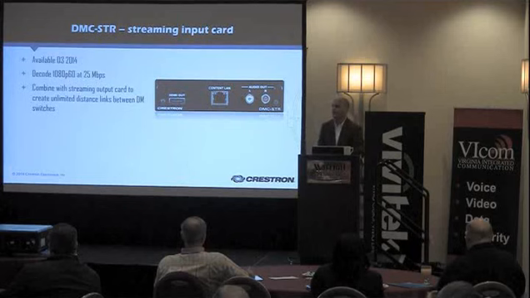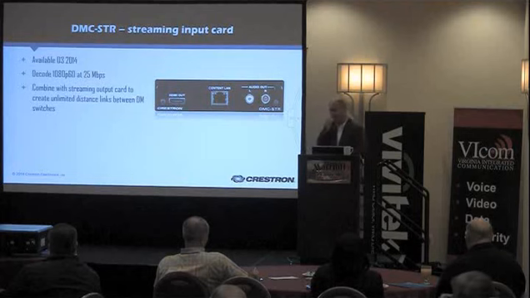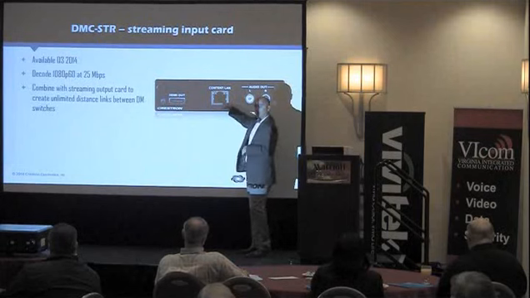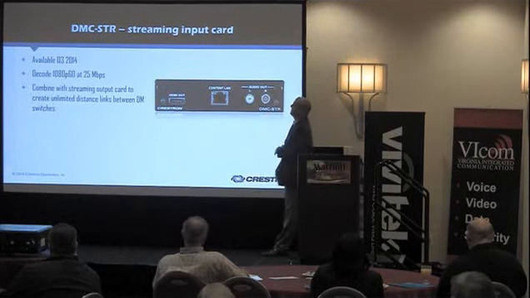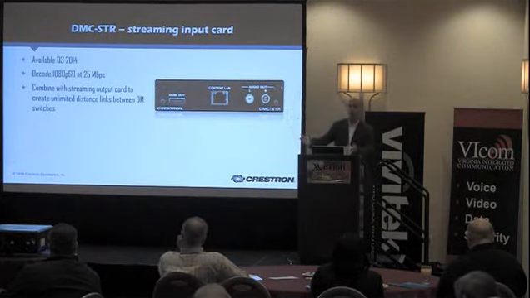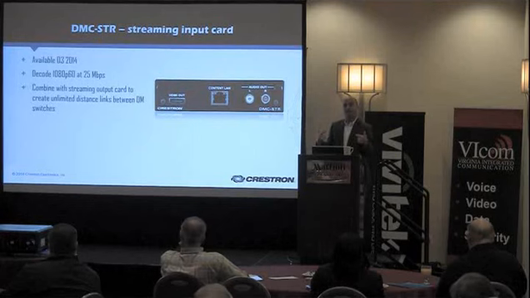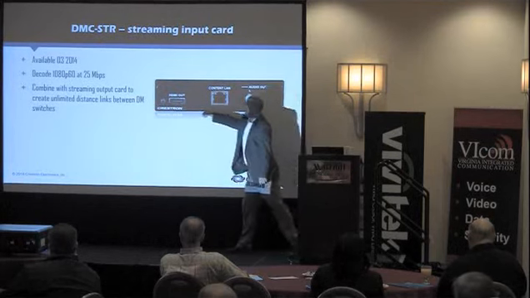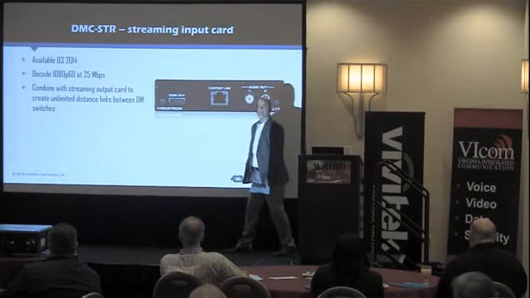If you think about it, there's a LAN port on the back side of the DM switcher. So if I'm putting streaming into that, and it's an H.264 stream, I have the ability right here to put my content coming from the LAN directly into the switcher itself. Again, if you have an existing DM switcher, you pull out a card and insert this card. Even more importantly, I can get preview out on that HDMI port.